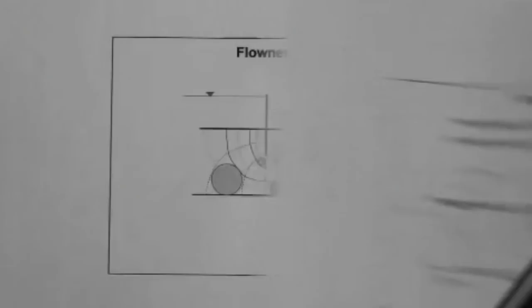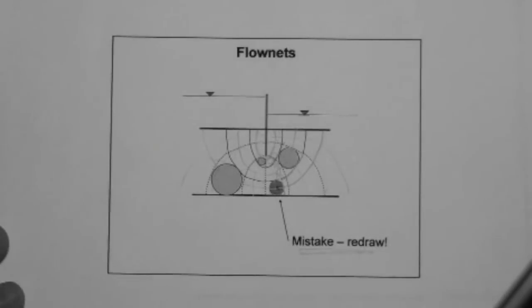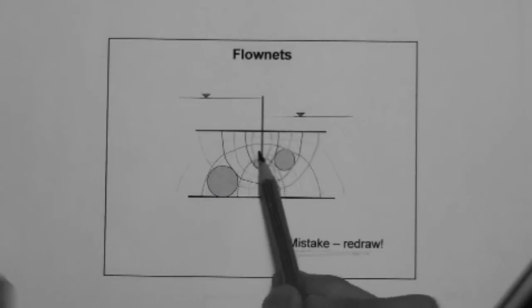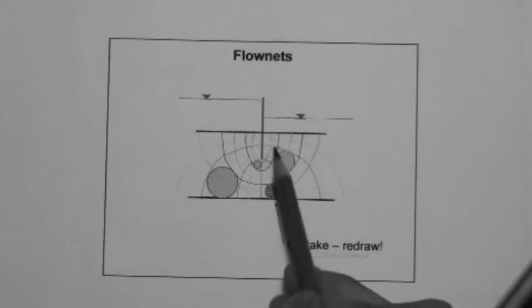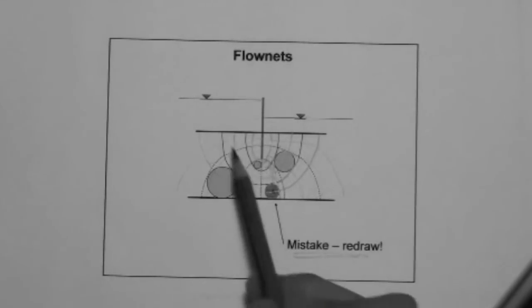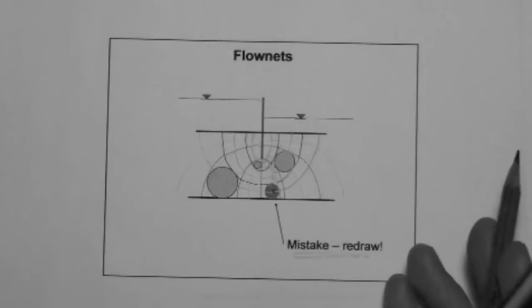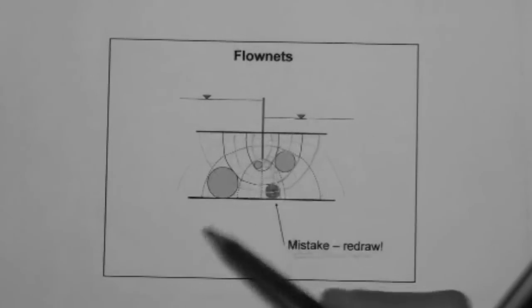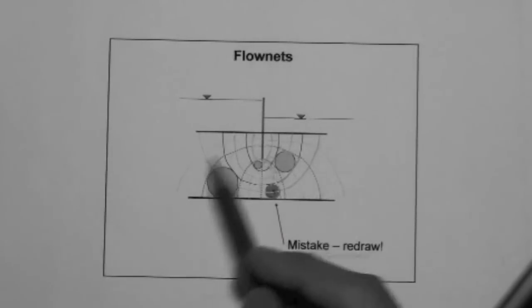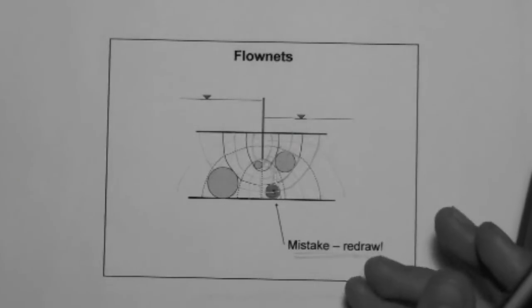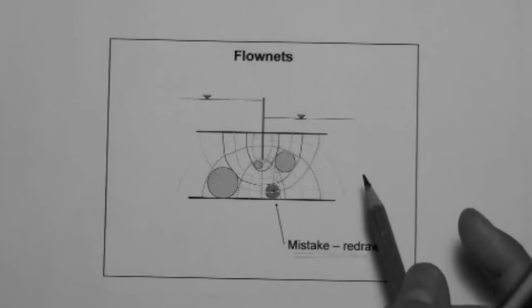So, having said that, you could draw a flownet for this problem with two drawn flow lines and 2 hidden ones, and 5 drawn equipotential lines and 2 hidden ones. And another student may draw a flownet with 11 flow lines and 24 equipotential lines, or whatever, right?